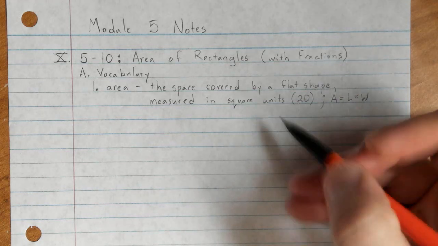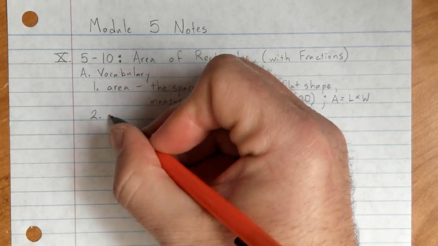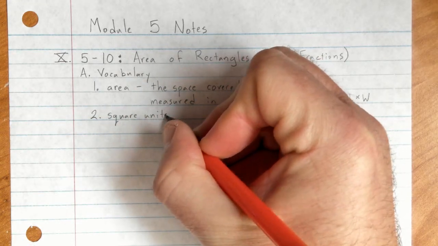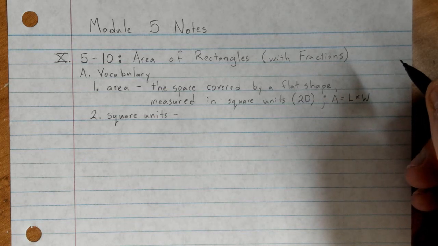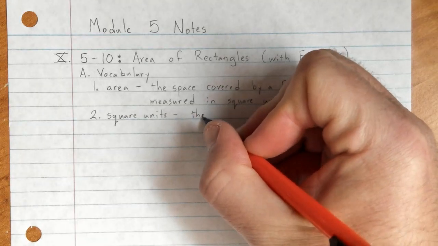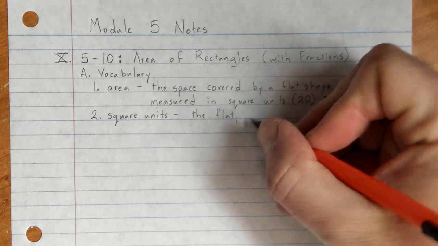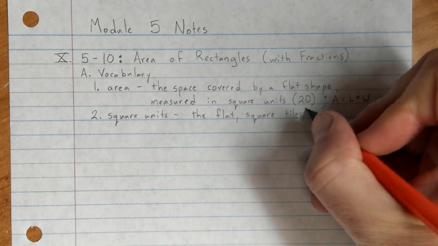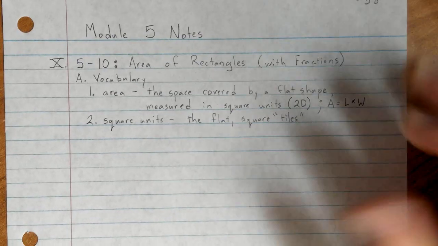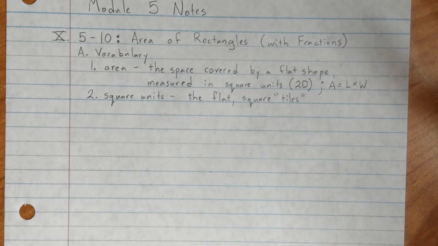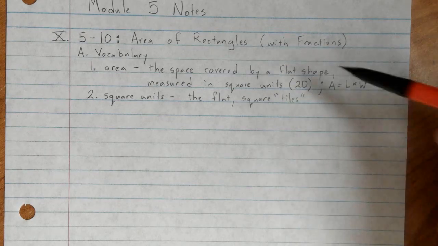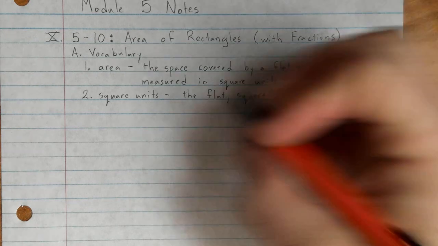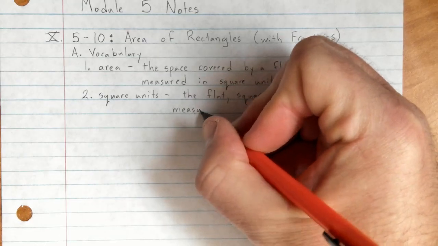All right, so we mentioned square units. Let's talk about what those are in a little more depth. Square units you can think of as the flat square. Now I'm going to use the word tiles, because honestly that's the example we use most of the time. I'm covering something with tiles. Flat square tiles that are used to measure area.